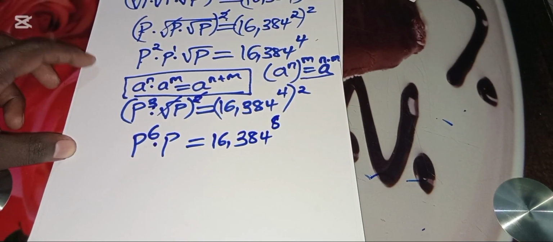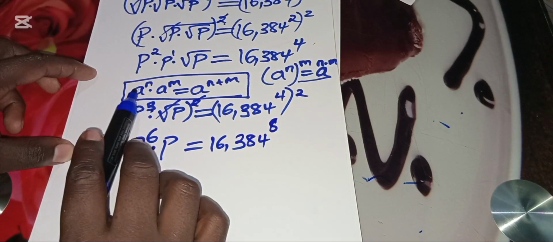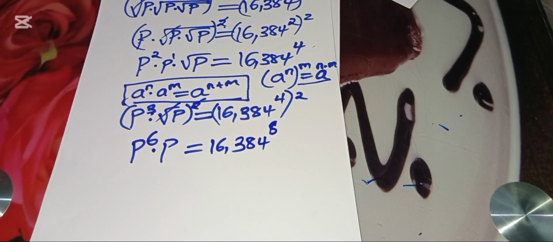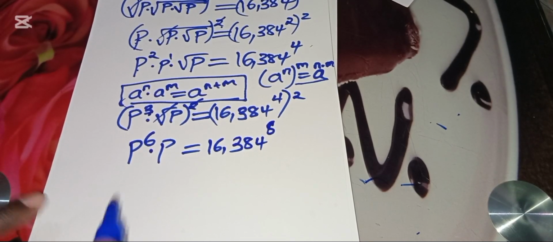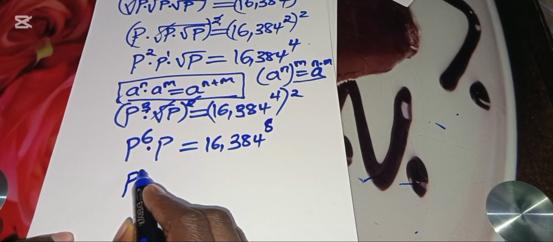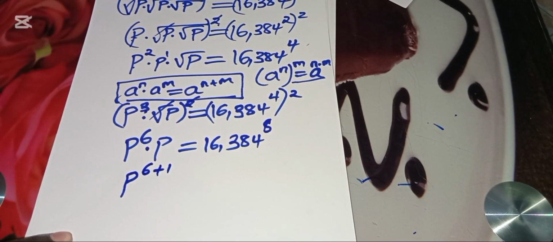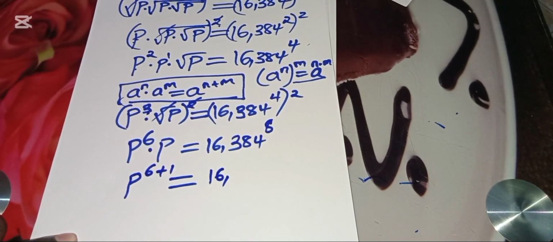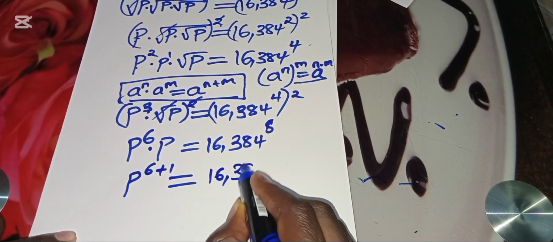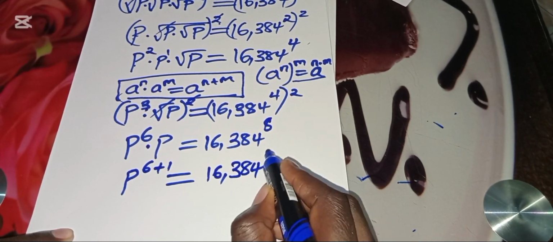Now again, applying this property, a raised to power n multiplied by a raised to power m is equal to a raised to power n plus m, we are going to have p raised to power 6 plus 1, which is equal to 16,384 raised to power 8.